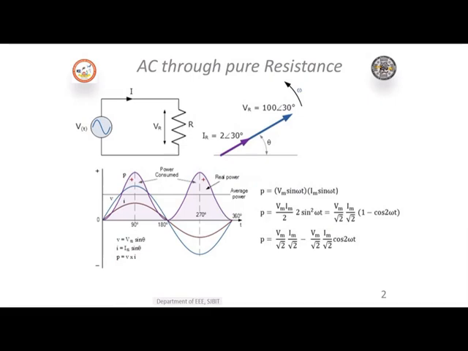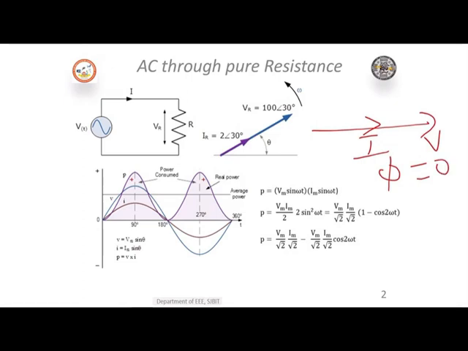If you take V as a reference, since the current equation is also Im sine omega t, both V and I will come in phase. If you write the phasor diagram in a pure resistive circuit, both the voltage and the current will come in phase, and your phi will be equal to 0.